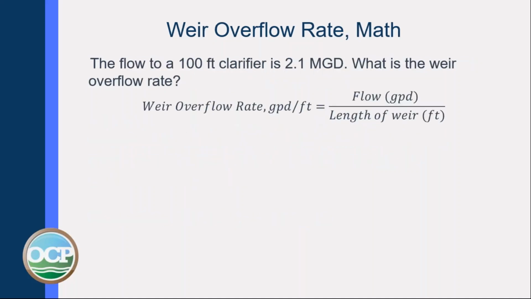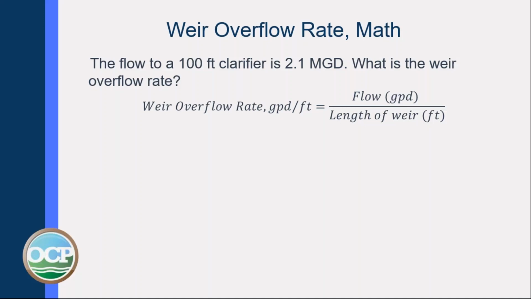Here's a weir overflow rate math problem. We'll work this one together. The flow rate to a 100-foot clarifier is 2.1 million gallons per day. What is the weir overflow rate? Since we only gave you one number, that it's a 100-foot clarifier, that means the tank is round and that's the diameter.